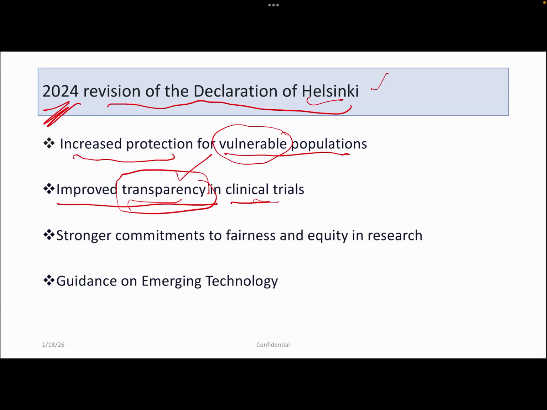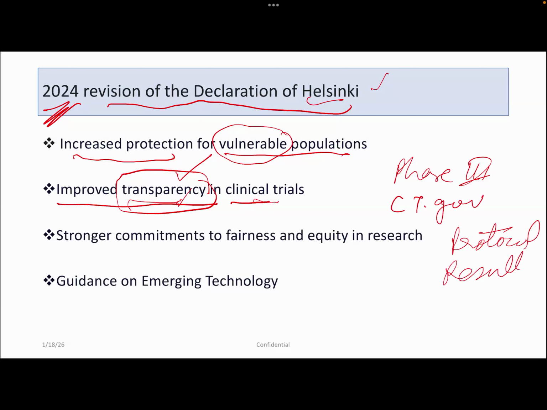Now some other professor wants to do a study, and they can ask for the phase 3 data, even individual patient safety data. They have to make a request, and as a transparency principle, the company has to share it. And on ct.gov, they have to share their protocol and their results also. In India, if you go to CTRI, we are still sharing the protocol only, not the results. So transparency is another clause they are adding.